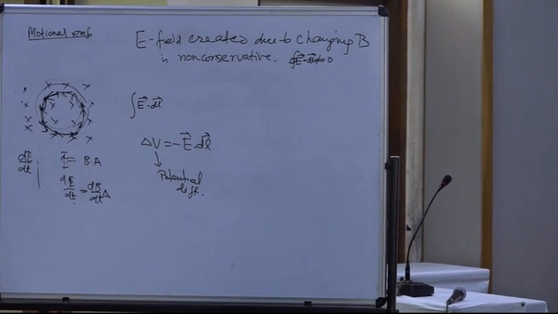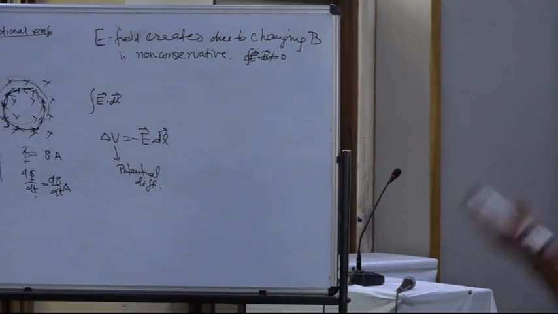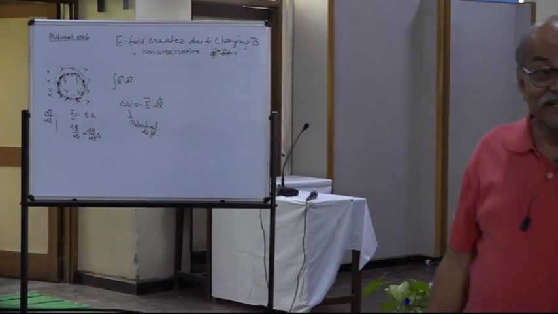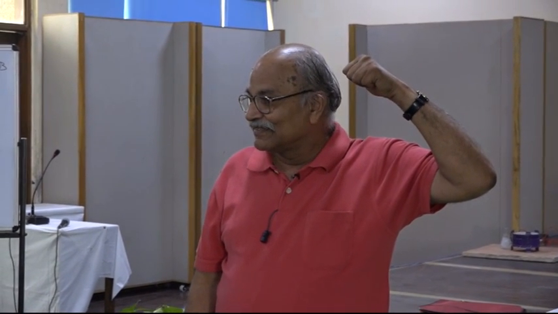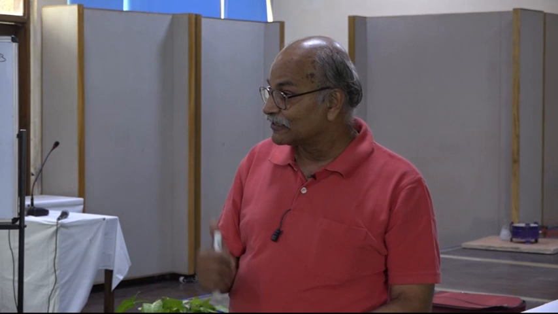It's going in loops, closed curves. The electric field lines corresponding to this variety of electric field are closed loops. There is no starting point, there is no terminal point. Magnetic field also has this kind of lines.